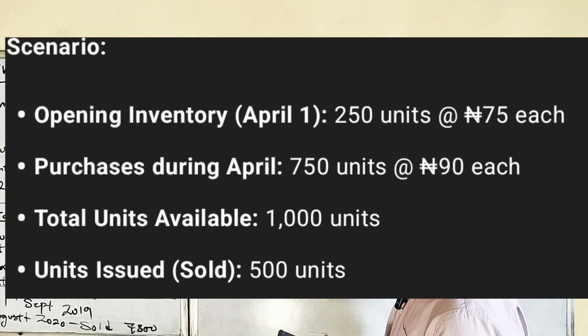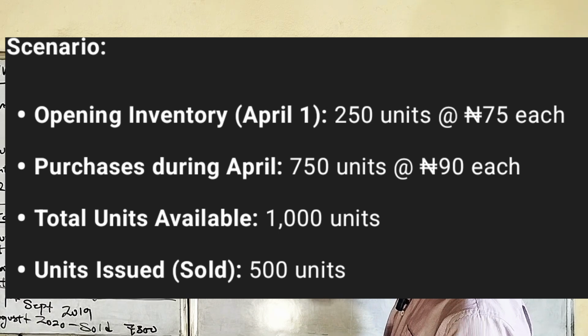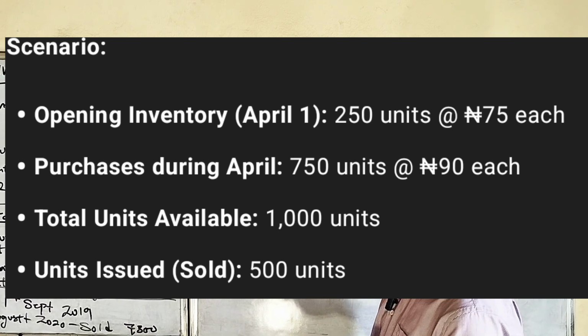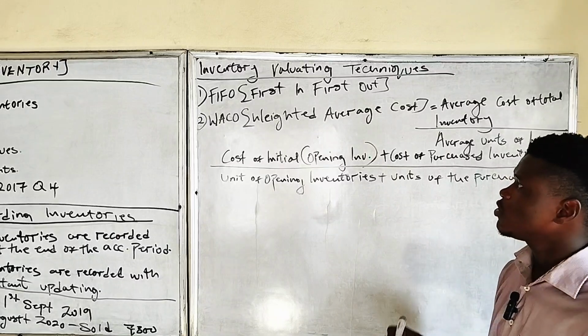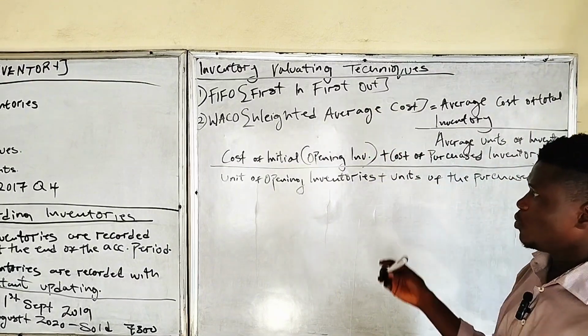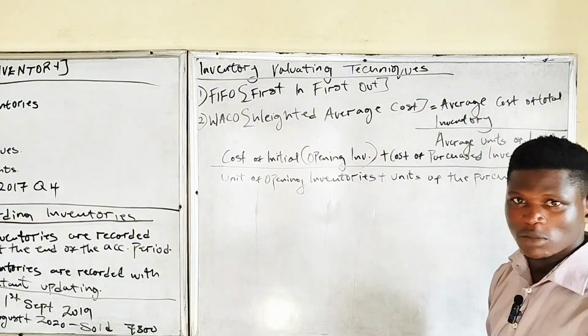Purchases during April, 750 units at 90 naira each. Then total units available for the month of April was 1000 units. Then units issued and sold was 500 units. So how are we going to calculate inventory at the end of the period using the first in first out method and the weighted average cost method?